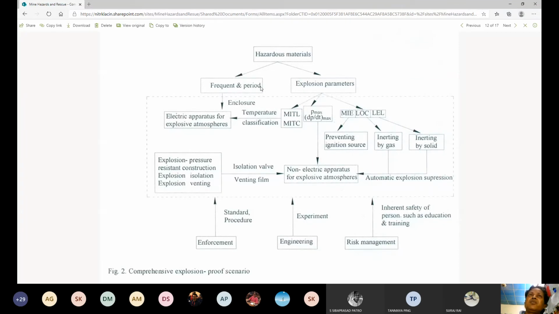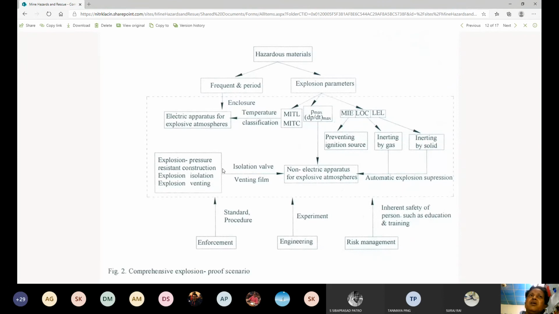At what period is the dust generated? And what are the electrical apparatus you are using in the mine atmosphere? What are the different types of electrical equipment you use in the underground mines, which can generate heat energy? And explosion pressure resistant construction, explosion isolation, explosion venting.